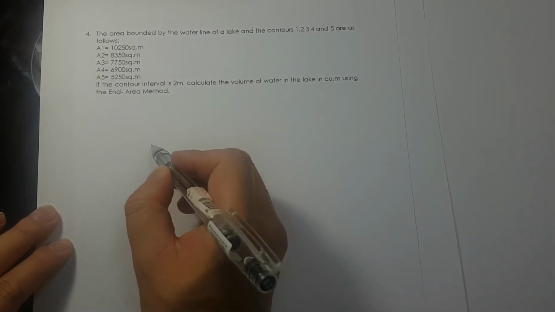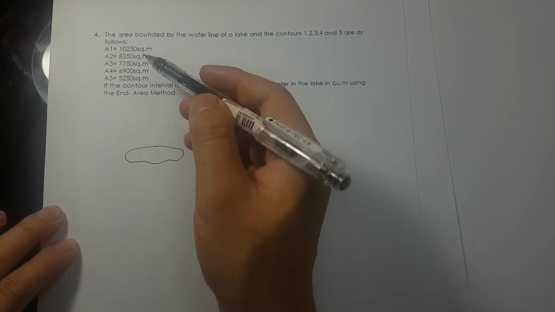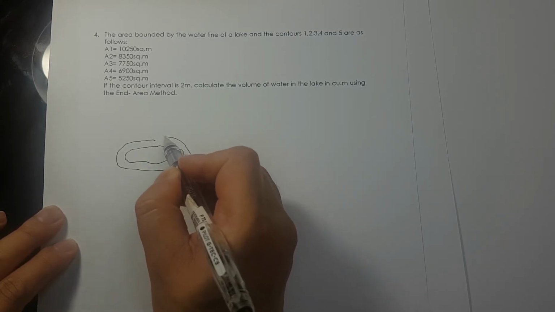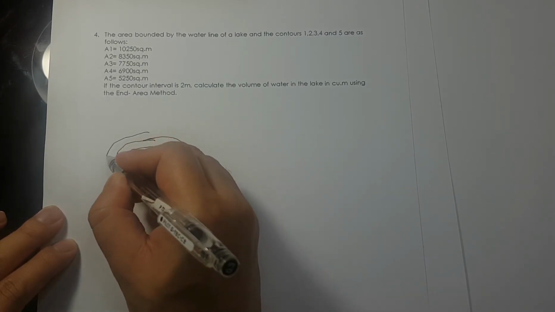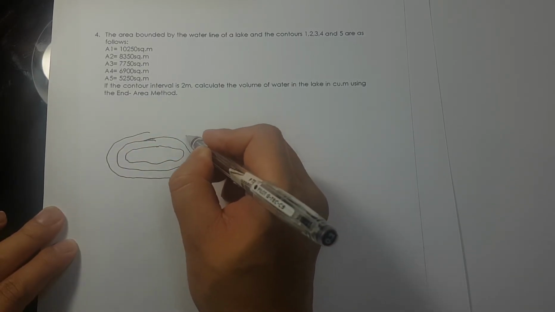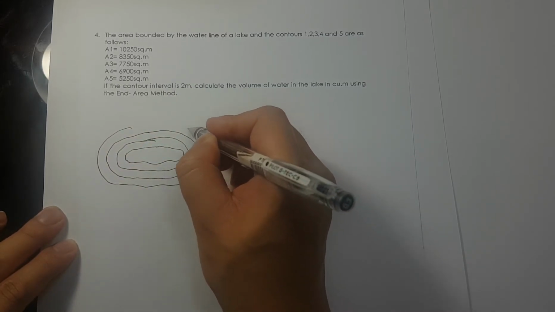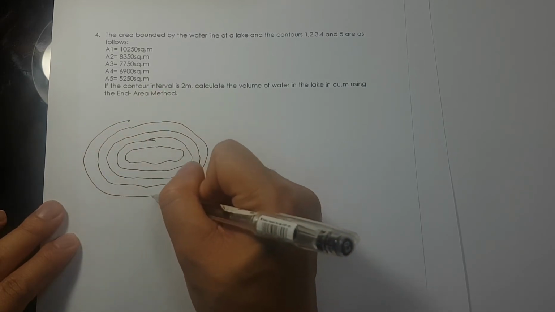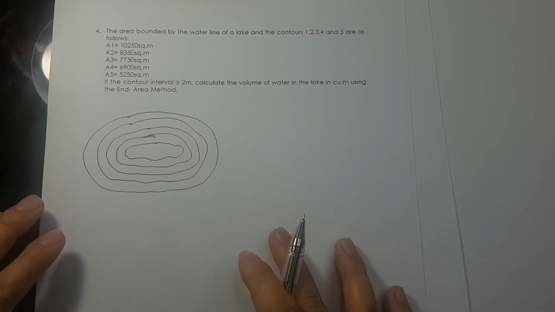So for example, you have here a lake. Okay, so there are 5 contours. So 1, 2, it should be closed, 2. Then we have 3, 4. And lastly, we have here the 5th contour.